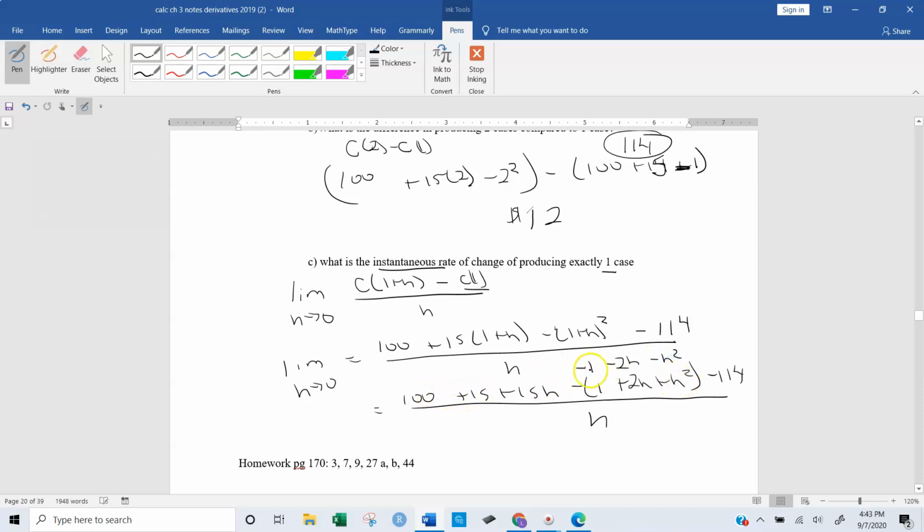So 115 in this and here cancels. So 114 minus 114 is gone. We have 15h minus 2h. So that's going to give us 13h minus h squared divided by h, which is equal to 13 minus h. But as h approaches 0, this is equal to 13. So it's $13 at 1.